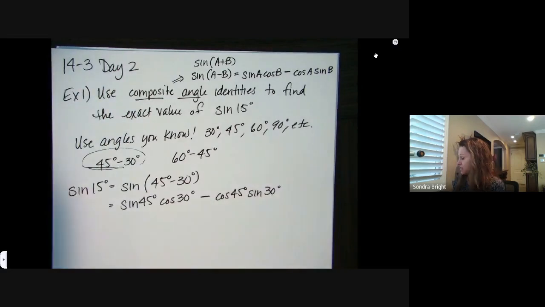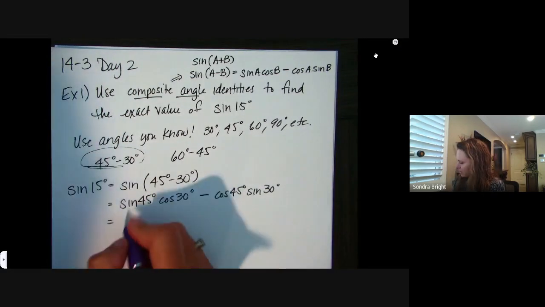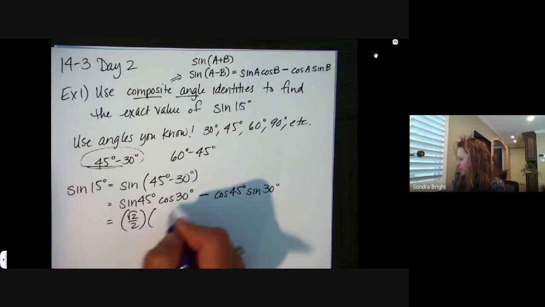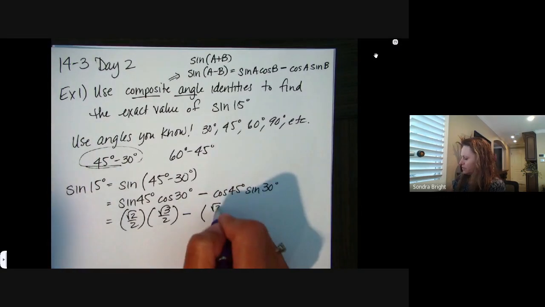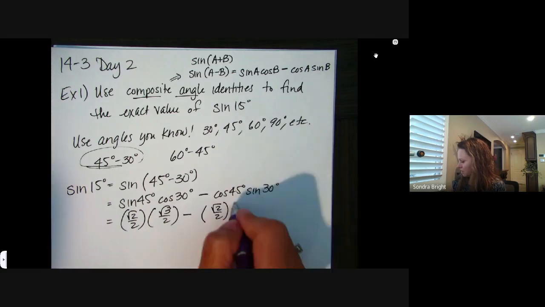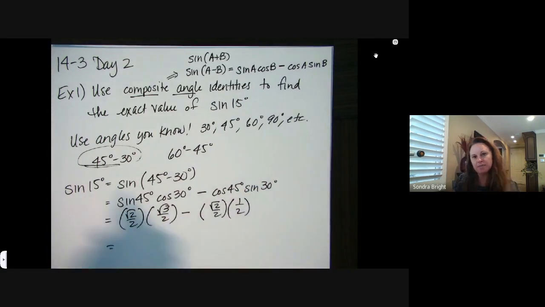All right, well, we know these values. That's the whole reason why we're using it. Sine of 45 degrees is rad 2 over 2. Cosine of 30 degrees is rad 3 over 2. Keep the sign. Rad 2 over 2 is what cosine of 45 degrees is equal to, and sine of 30 degrees is 1/2. Now, how you multiply fractions is top times top and bottom times bottom.